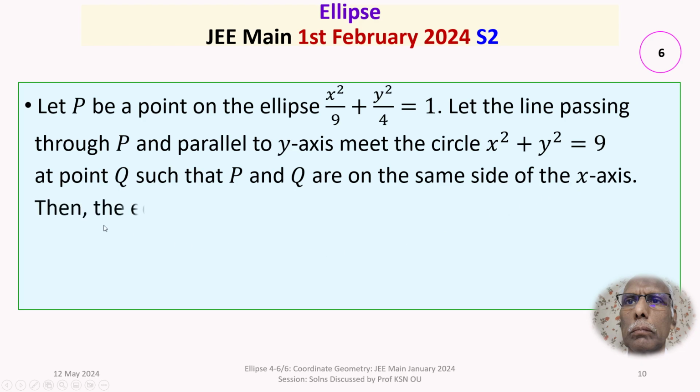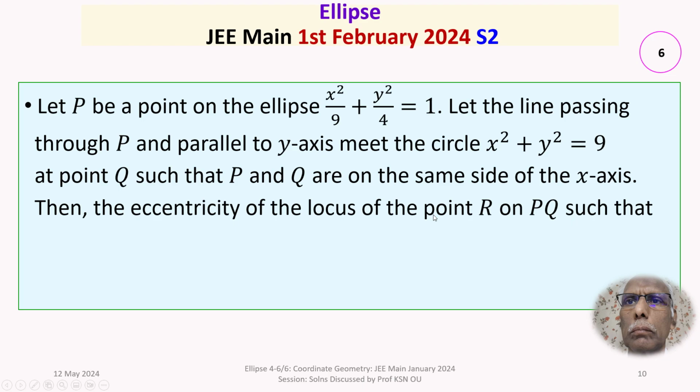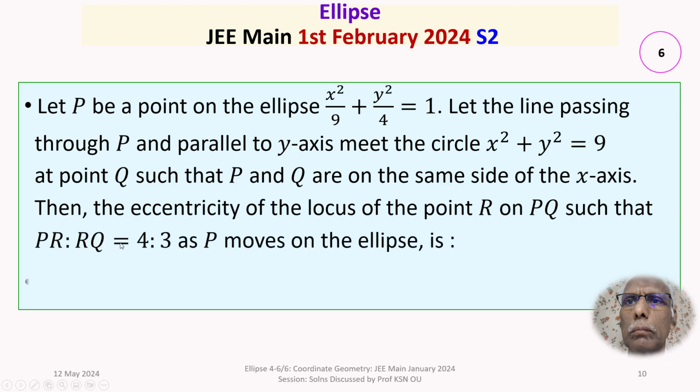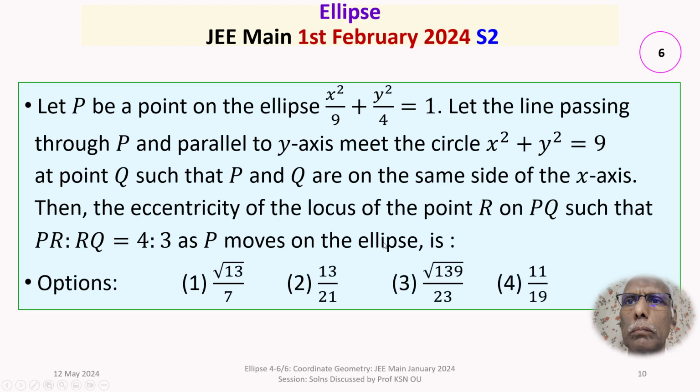Then the eccentricity of the locus of the point R on PQ such that PR is to RQ is equal to 4 is to 3 as P moves on the ellipse.